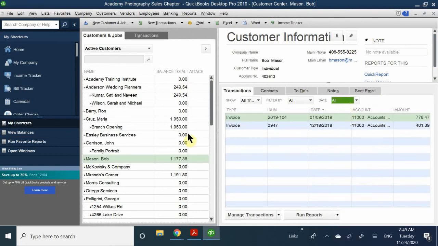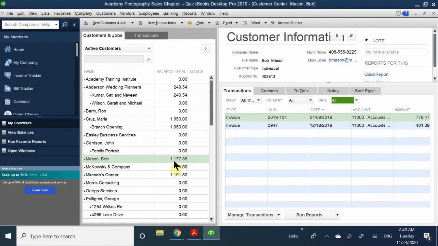And you can also take a look at all of his transactions. If I click all, boom. Those are all the transactions that we have. So he currently owes us a lot of stuff because we've sent him some bills prior to our lesson. Okay, so this is a preset file. So here we've charged him a few invoices, sent him a few invoices.